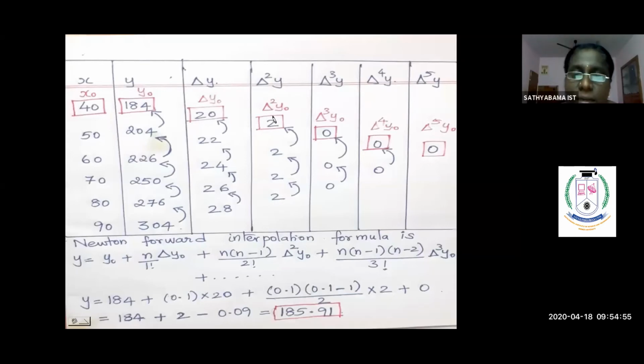Del square y naught is the first entry under the del square column, etc. I have marked all entries which I need for the formula. Now I'm applying it in the formula. Each and every term, I've entered the values, and after simplification, we get 185.91.